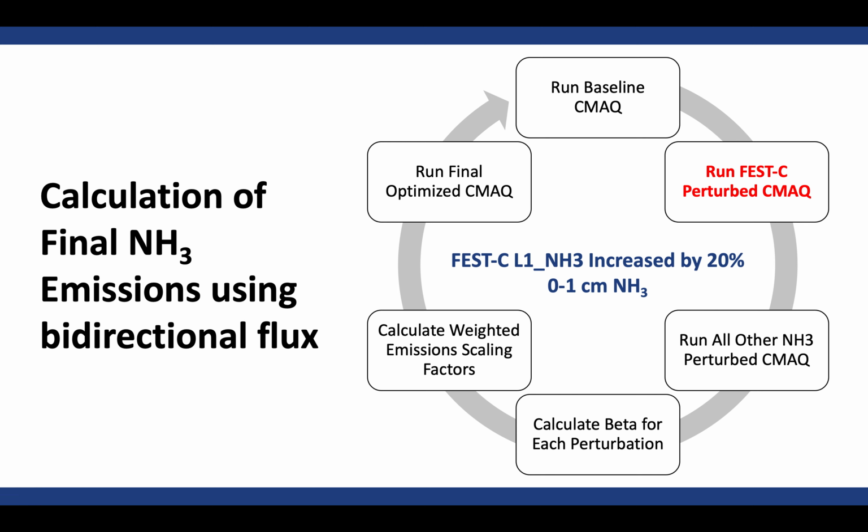And this is with a lot of help from folks at EPA, trying to figure out what's the best variable to perturb if we're going to modify the inputs to the bidirectional flux scheme. So we make that simulation, then we perturb all the other ammonia emissions by 20%, so everything else from the processing done in SMOKE from the NEI data set.